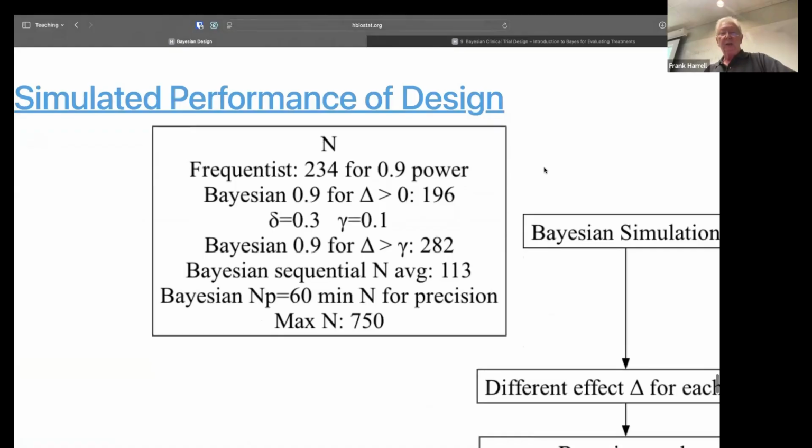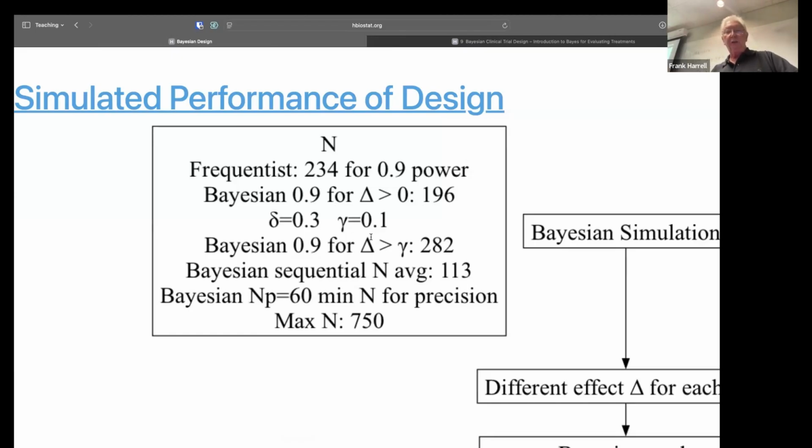So with this 2-group problem with normal variance 1, the frequentist sample size N is 234 for getting a power of 0.9. Now the Bayesian power is going to be larger because Bayesian assessments are directional. This is a little bit nitpicky, but you can get a great Bayesian power for this directed assertion using 196.